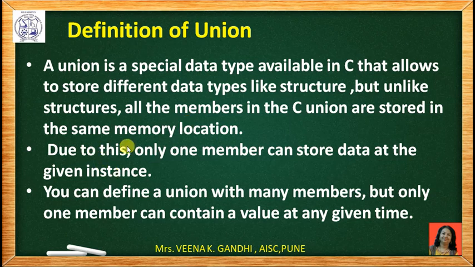Due to this, only one member can store data at a given instance. Only one member is active at a time. We can define a union with many members, but only one member can contain a value at any given time. So in union, members share the memory location.